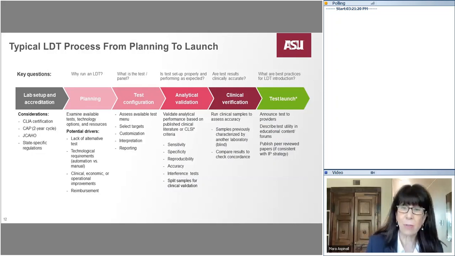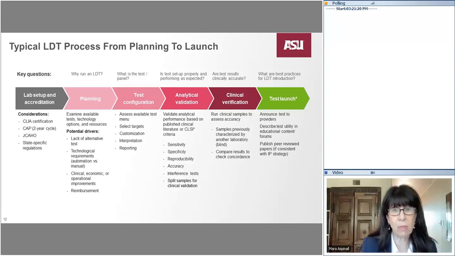A, in vitro diagnostics. B, laboratory developed tests, as we've just talked about. C, both, or D, neither. So I'd ask you to go in and check mark the circles and hit submit. I'm going to give you a moment to read the question and do that, and then I'm going to continue on to my discussion. I am indeed going to share the results with all of you.